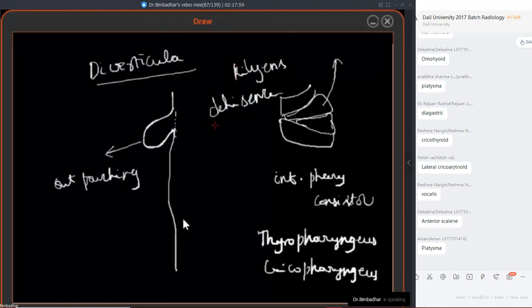Remember, it is called Killian's dehiscence. Did you understand? Let me show you that image anatomically so that you can understand very clearly what exactly Killian's dehiscence is.